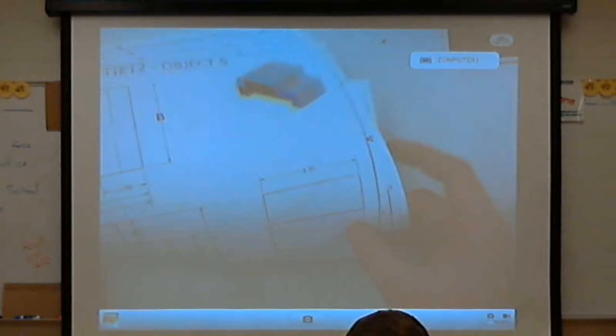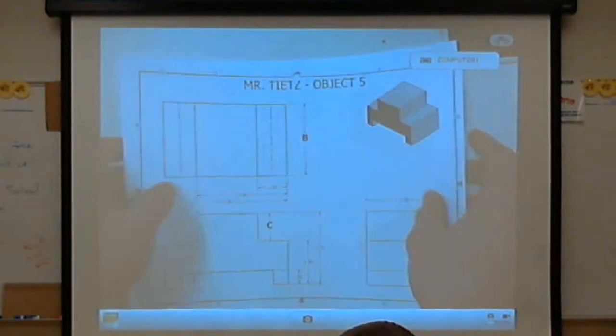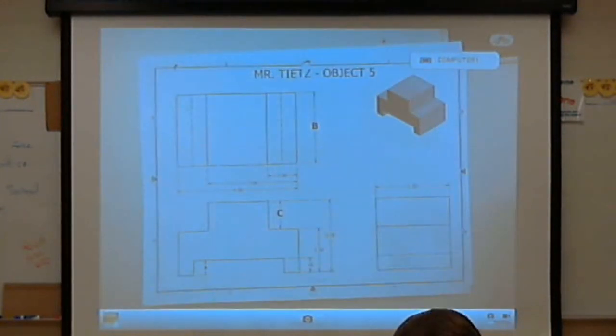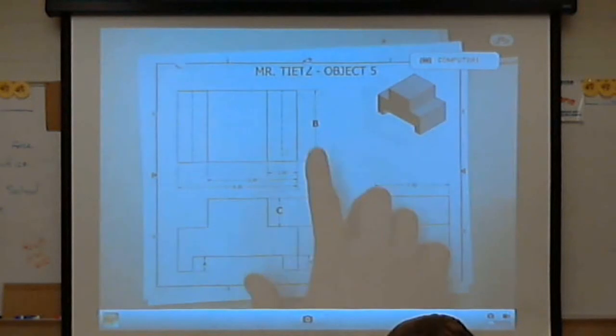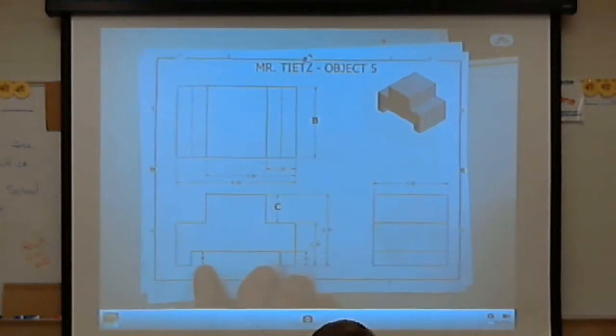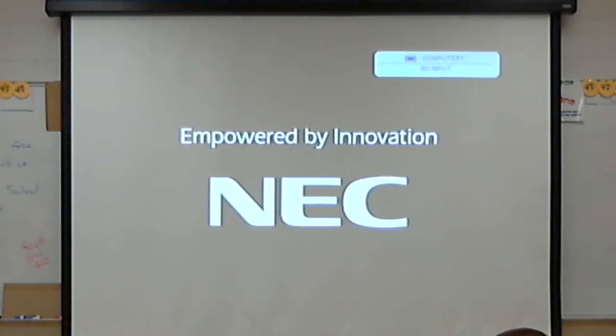Okay? So if you notice on these objects, there are letters asking you what the dimensions are. The first one here on object 5 is down in the lower left-hand corner, A. So you have A, B, and C. And it asks what is the distance of measurement A. 0.5.